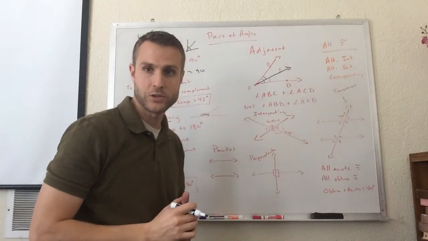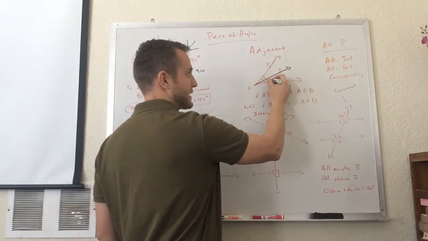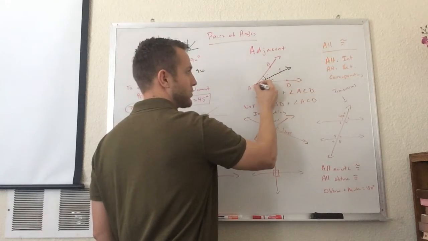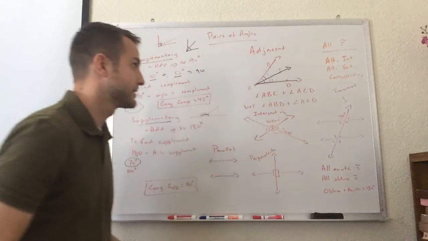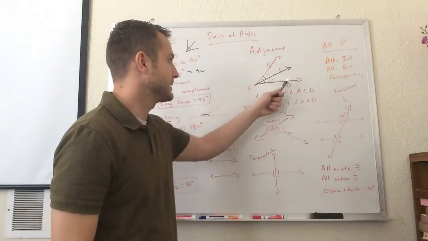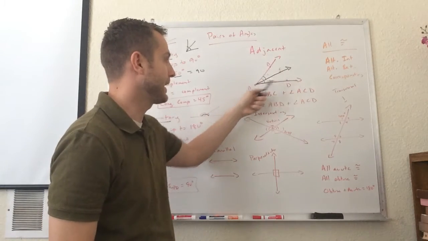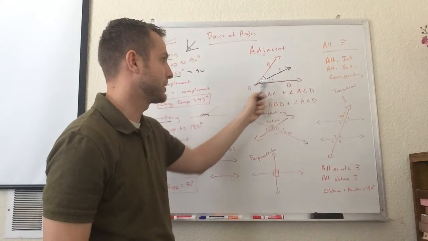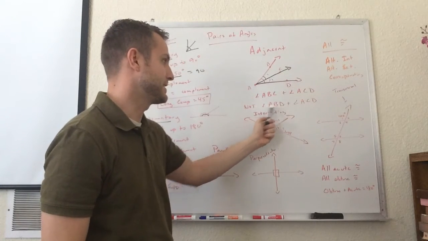They are not next to each other. So in order for them to be adjacent, they have to have a common ray, but the ray has to be between them. If the ray is at the end, then they are not adjacent. So angle ABC and CAD would be adjacent, but angle CAD and BAD, the bigger angle and the smaller angle inside it, even though they share a ray, since it is at the end, that is not adjacent.